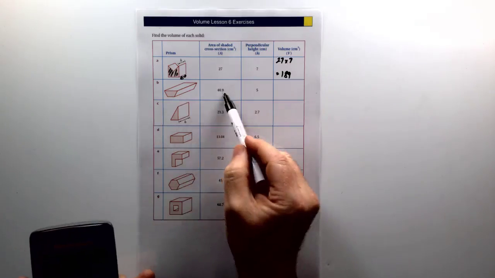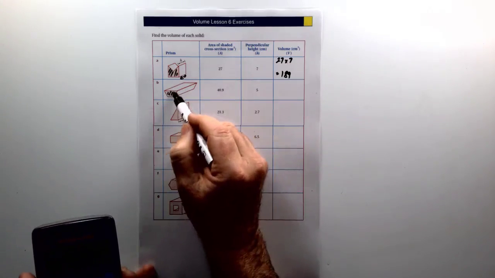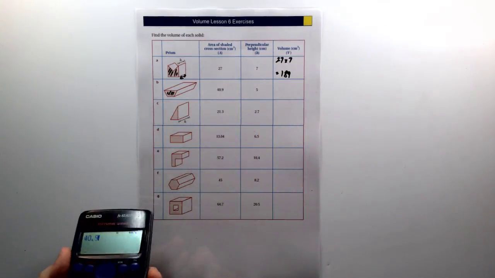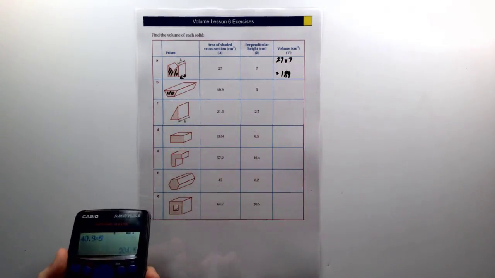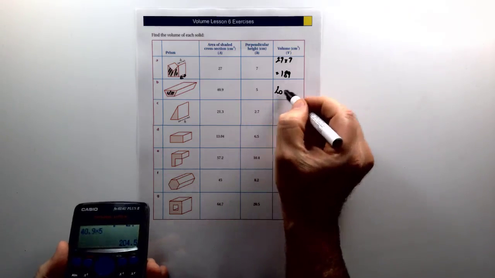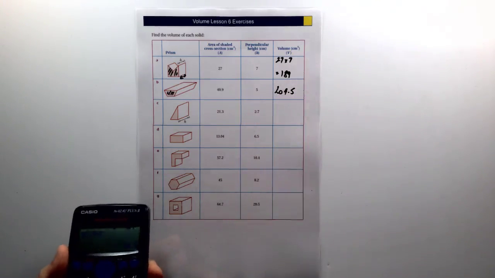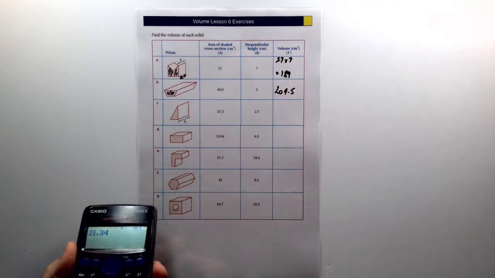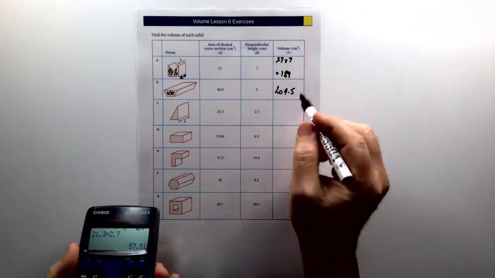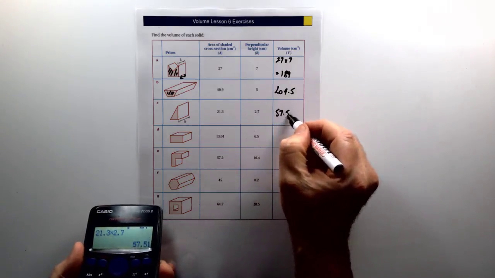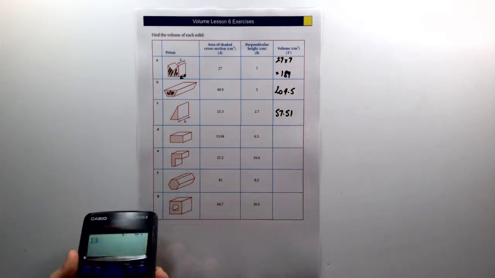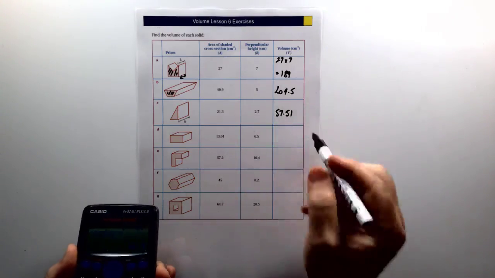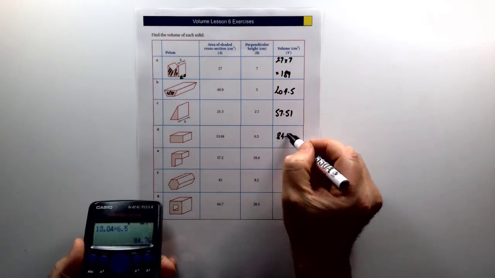So in each case we just take that area and we multiply it by the height. So we've got 40.9 times 5, so that's going to give us 204.5. We've got 21.3 times 2.7, that's 57.51. We've got 13.04 times 6.5, which is 84.76.